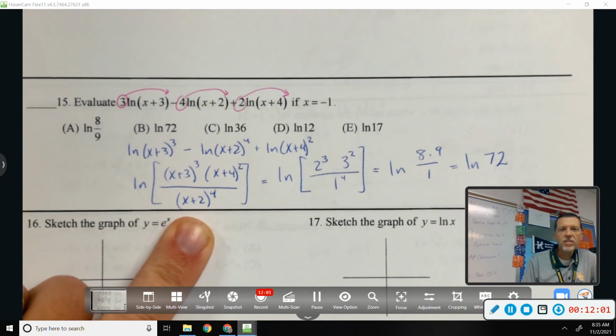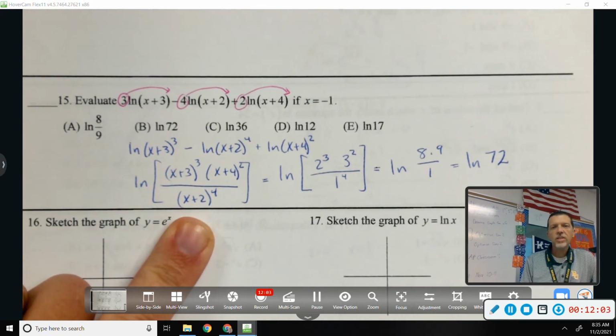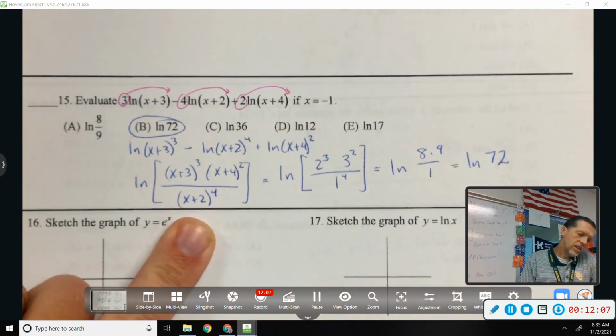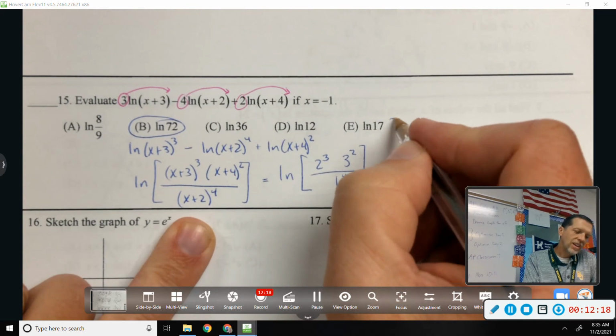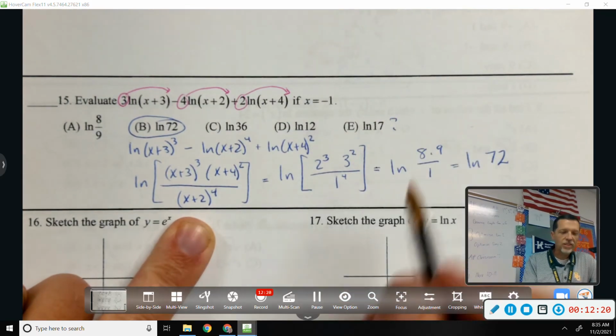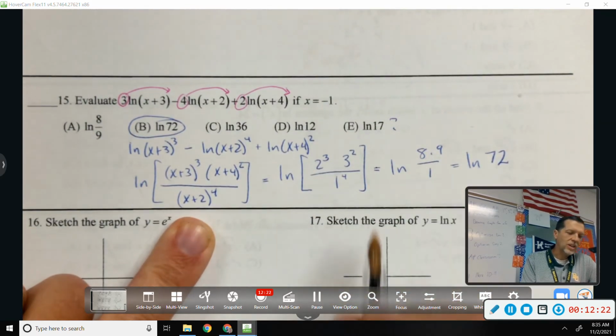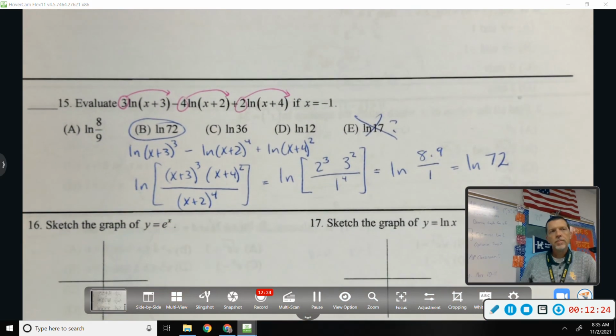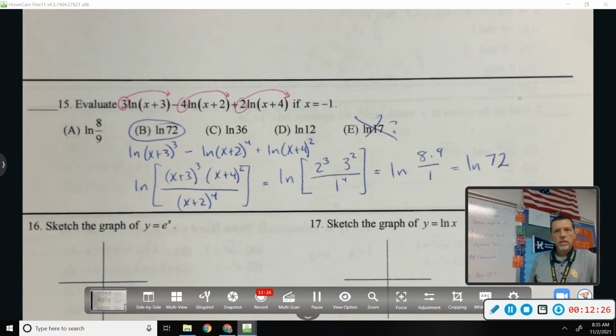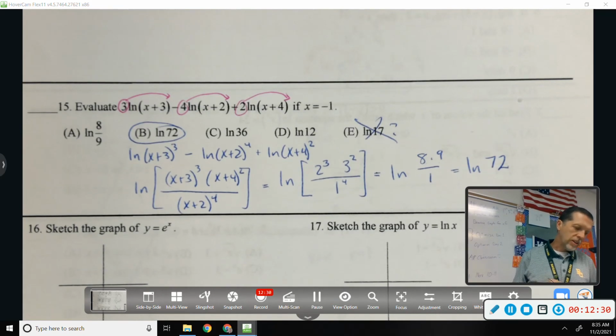Natural log of 72, and that's one of my answer choices. I find that one humorous. I see where they got that one. 8 plus 9 is 17, but no. Good question, because that was a lot of condensing on that one.